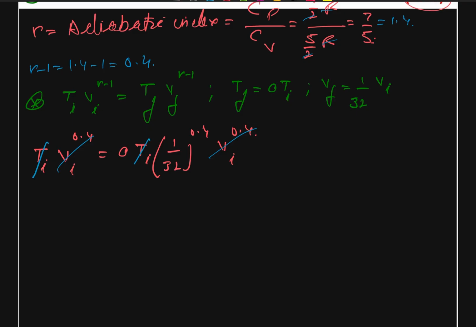Therefore, we can write from here that A is equal to 32 raised to power 0.4.